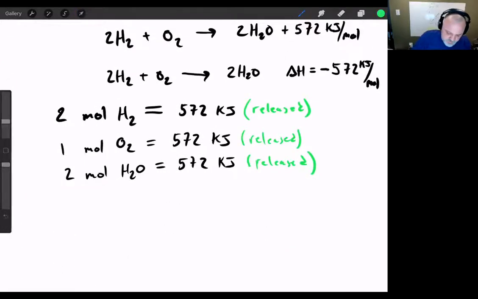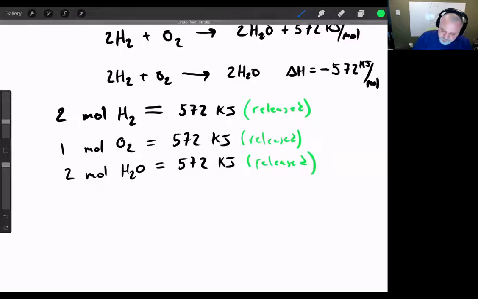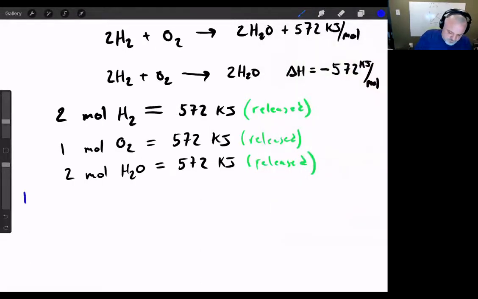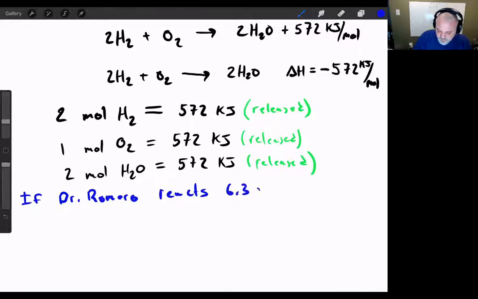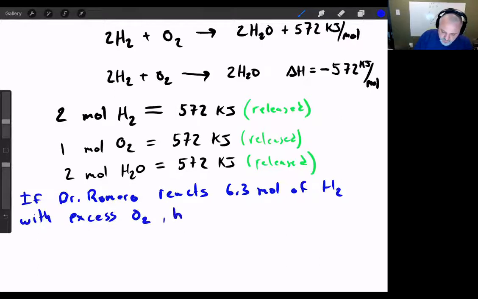I'm going to say, if Dr. Romero reacts 6.3 moles of H2 with excess O2, how much energy is released?